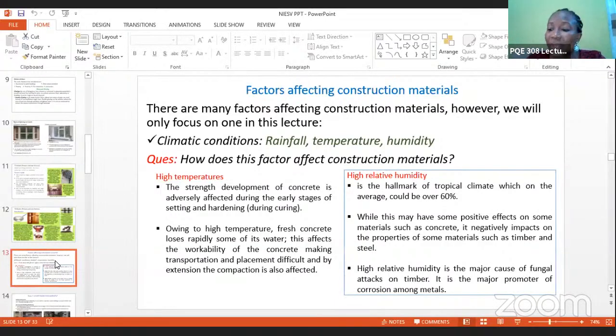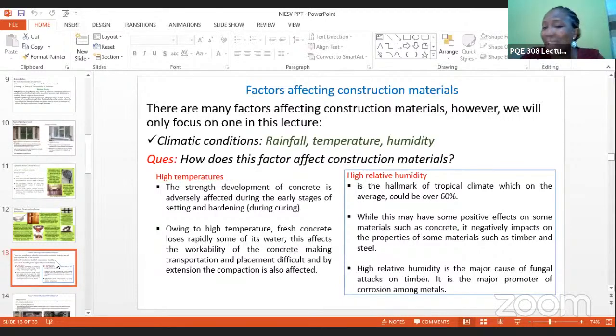So also your high relative humidity. I've talked about rainfall. We all know what rainfall can do to our construction materials. We've talked about high temperature, then humidity. Humidity will not really affect concrete, while humidity will have negative impact on timber, because that one can easily absorb.